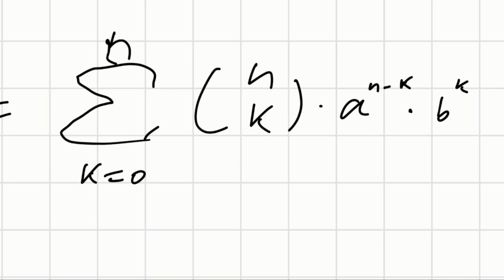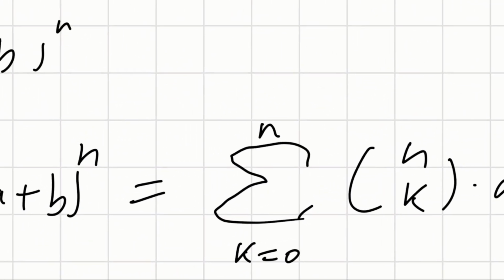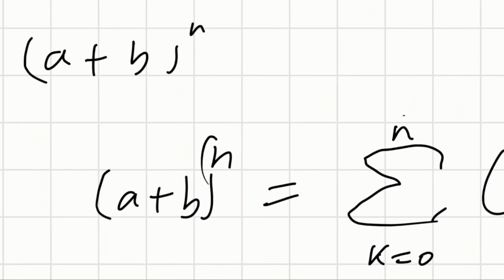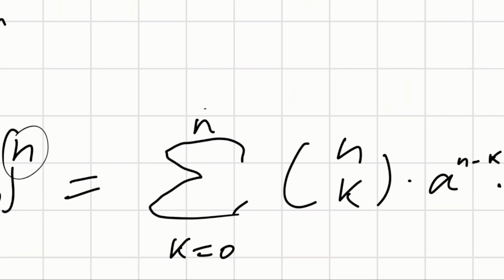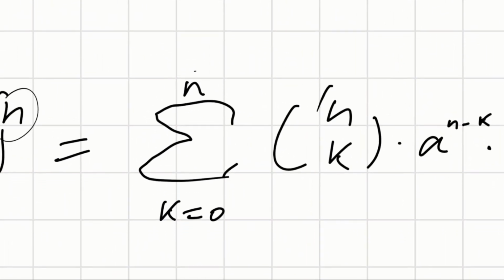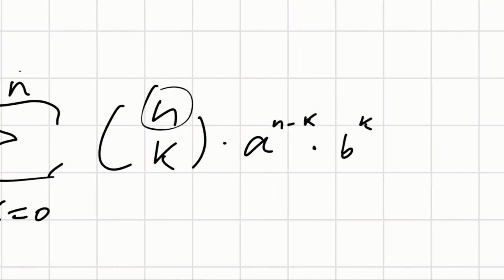We've got an n up here. We start at k equals 0. This means the first thing we can already say is that our first term starts at 0. Let's see, what does our n mean? Our n equals our exponent. We also see our n is here. Then we multiply this with a.